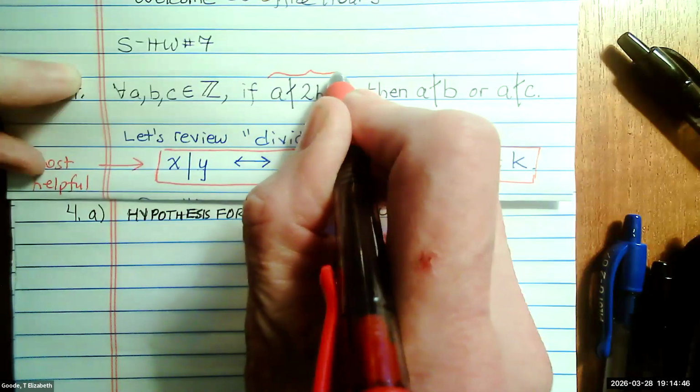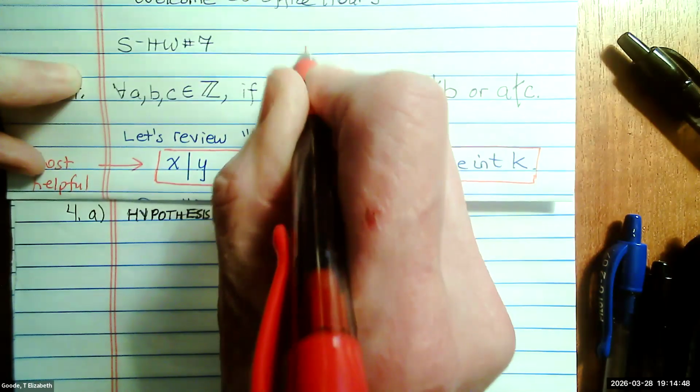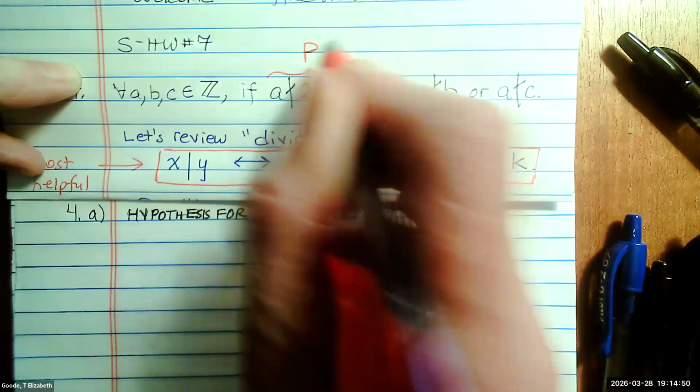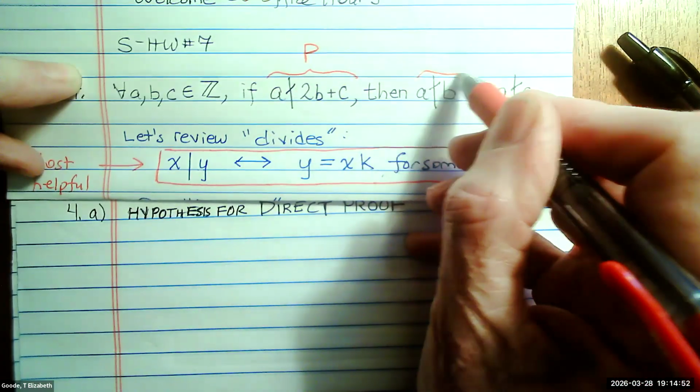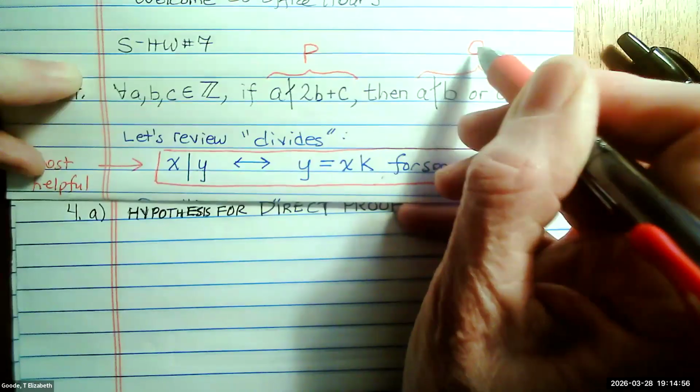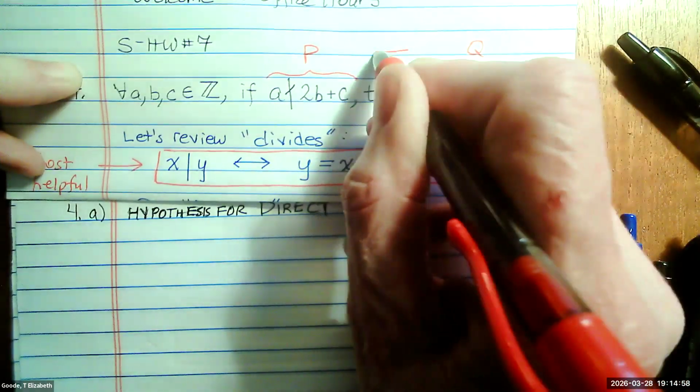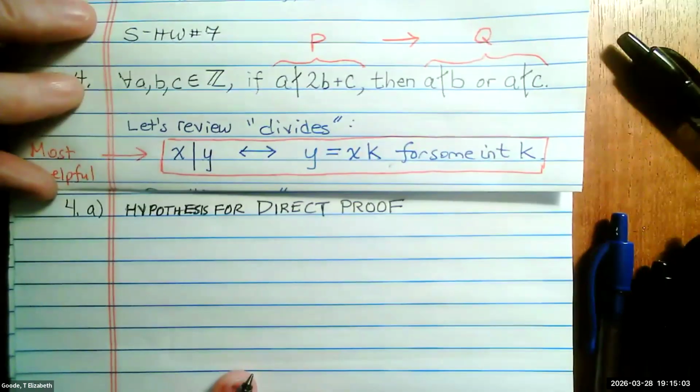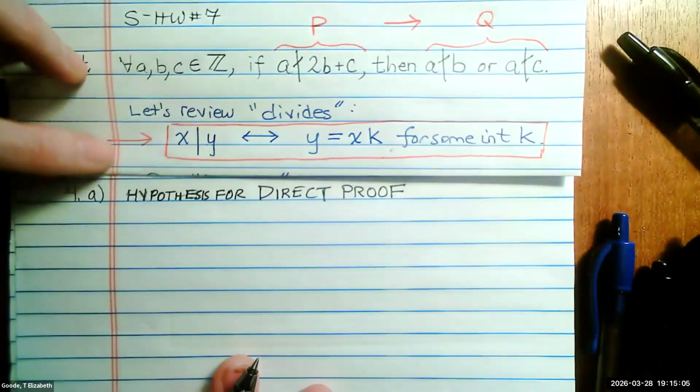Yes. So we could call this part our P, right? If P, then Q. Great. We're on the same page, aren't we? Yes. All right. So we know what to assume.